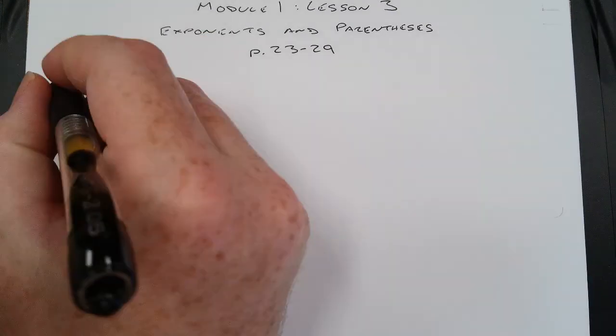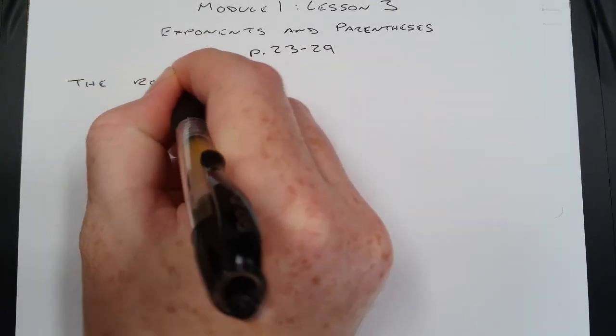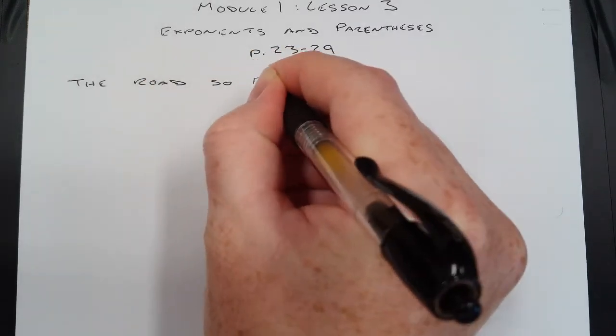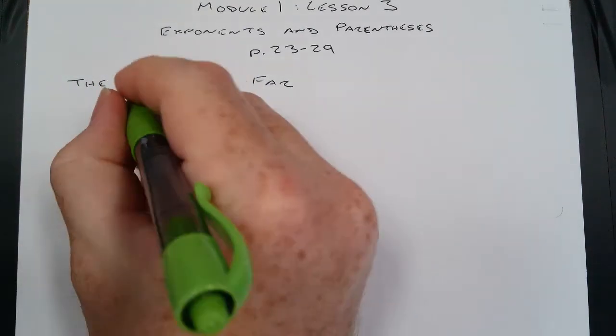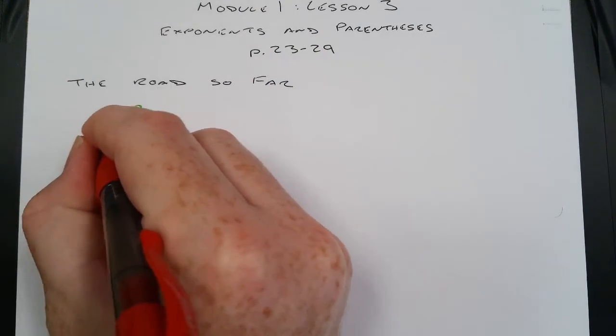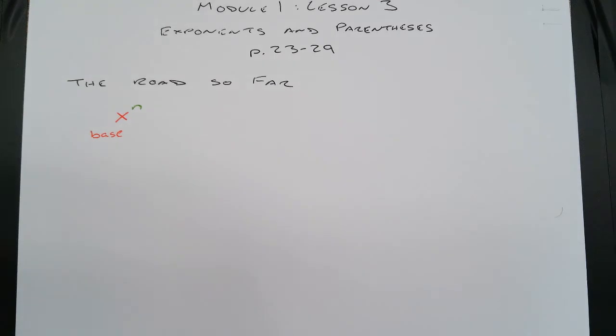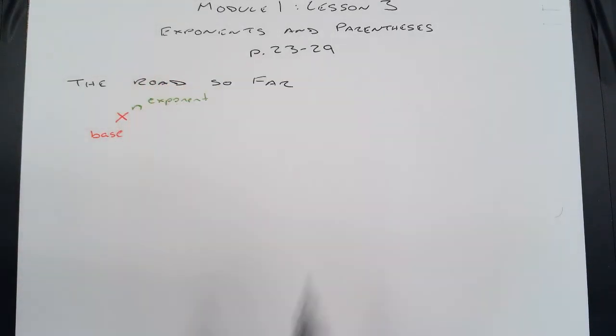So let's talk about the road so far. So far, we've learned a couple things. We learned what an exponent was. We know that an exponent has a base, which I wrote in red, and there is an exponent, also called a power, that I wrote in green.